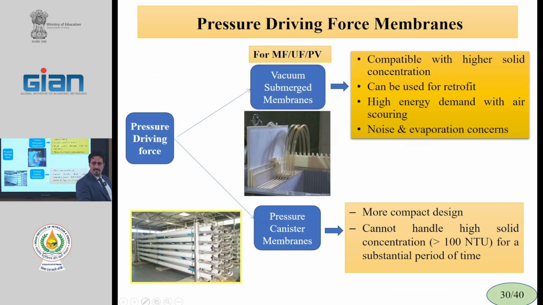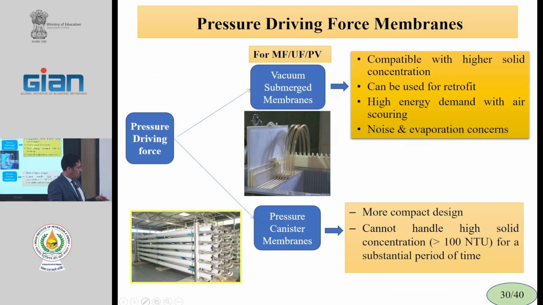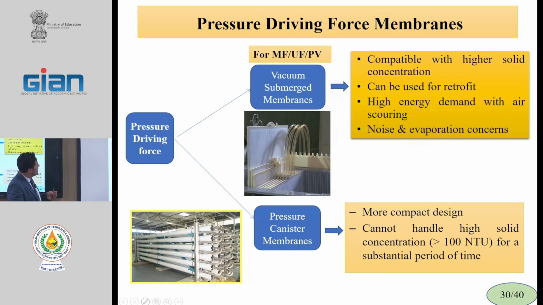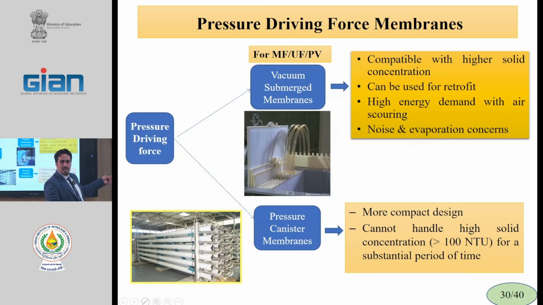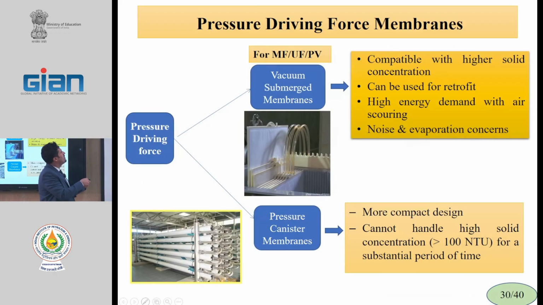This is the pressure vessel, and the membrane modules are located inside it; the vessel is used for applying pressure, and we can apply higher pressure. But in vacuum pressure, we immerse the membranes in the water and apply vacuum with suction pumps, and the highest pressure that we can apply in a vacuum is 1 atmosphere.